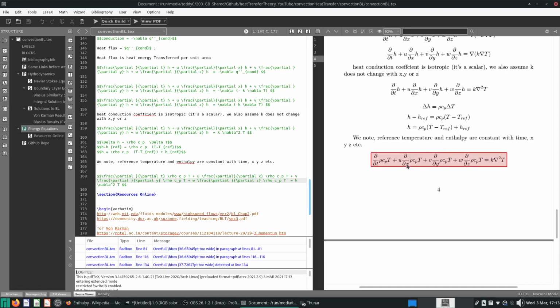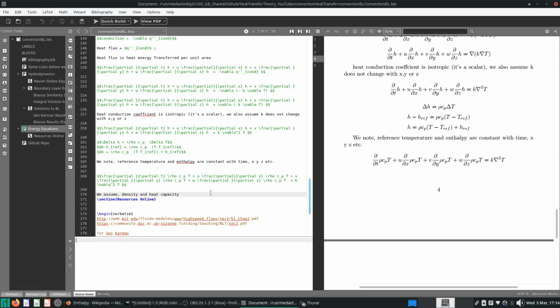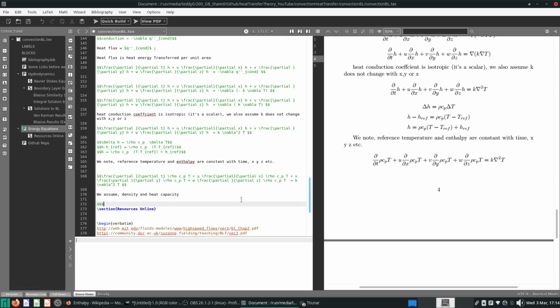And if we assume density and heat capacity are constant, this term is heat capacity per unit mass, and this is rho. The product of these is called volumetric heat capacity.